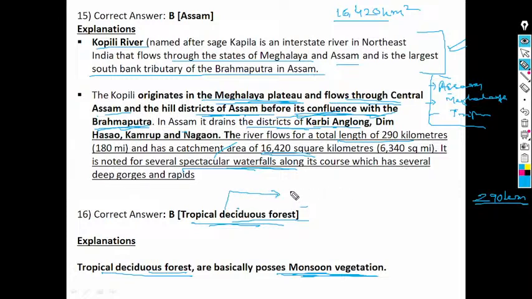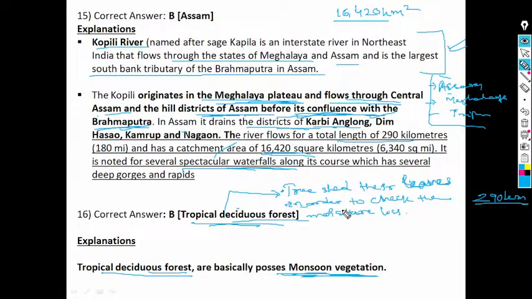Deciduous means trees shed their leaves in order to check the moisture loss, to save the moisture loss.